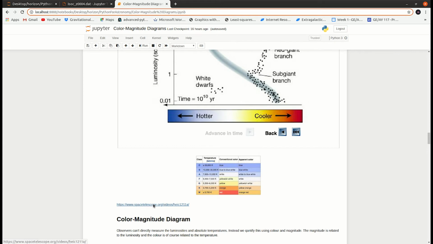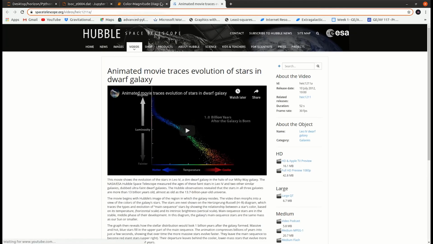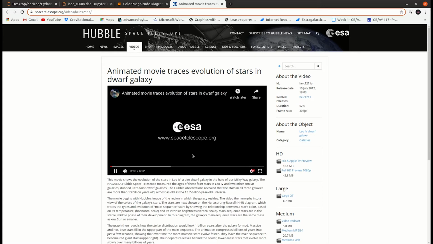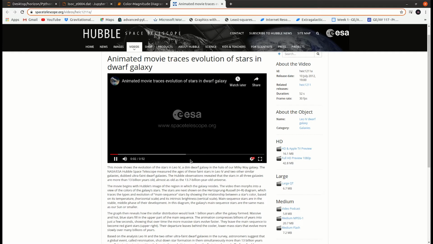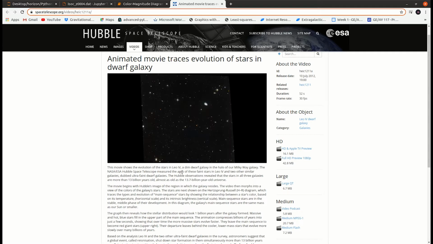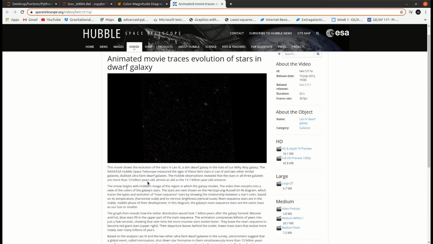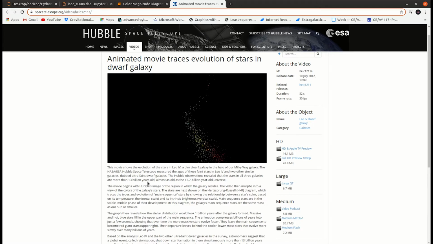I have a video which I hope I can record, or I'll put the link in the description. You can watch this later. This actually shows how stars evolve in an HR diagram. You can see how they evolve as they're plotted on the HR diagram.